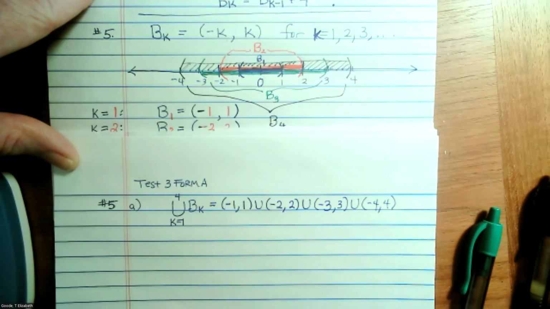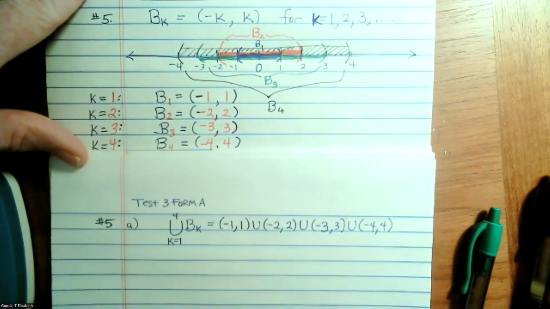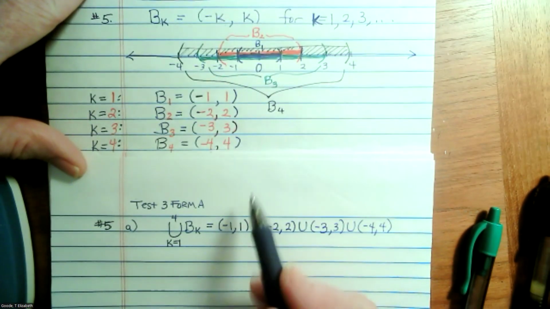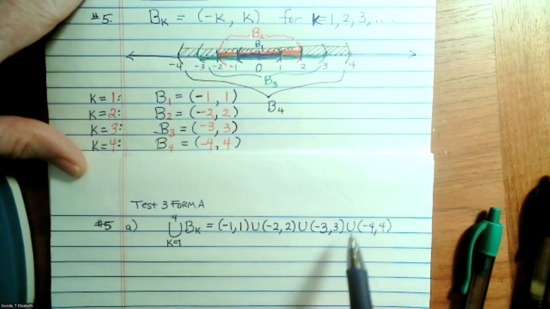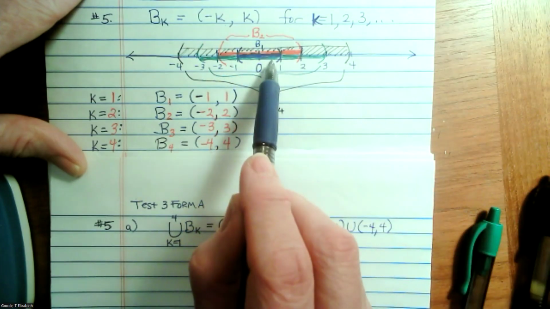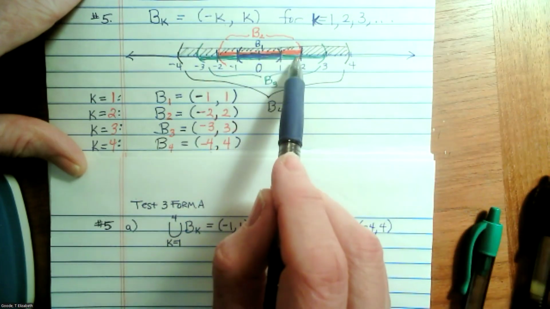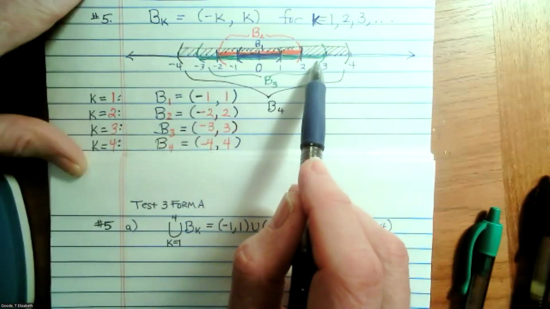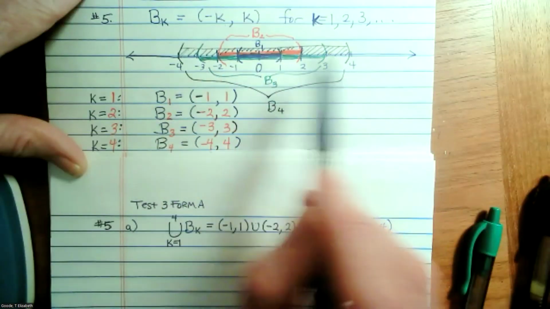Now we want to figure out what is that set finally. We want to write the answer as succinctly as possible. We want to indicate we understand what that union symbol does. The union is the OR operator. We're looking for elements that are in B1 or in B2 or in B3 or in B4.